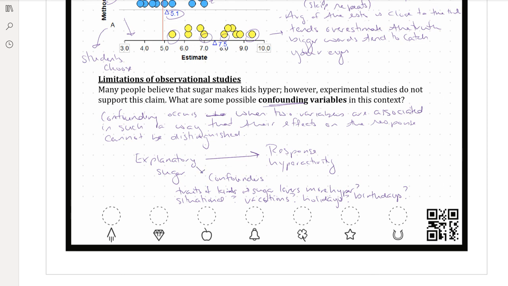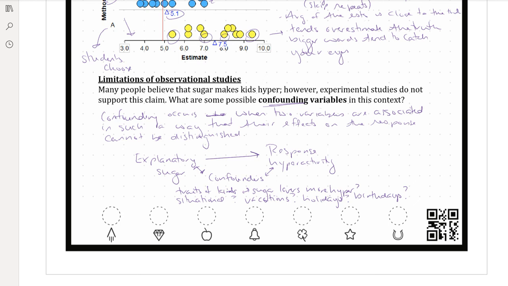So, we cannot separate the effect of these confounding variables observationally from the explanatory variable of sugar. But when we do this experimentally, we can randomly assign how much sugar children have and observe their hyperactivity. And that would be randomized across vacations, holidays, sugar lovers versus non-sugar lovers, and the expectations of the various parents.